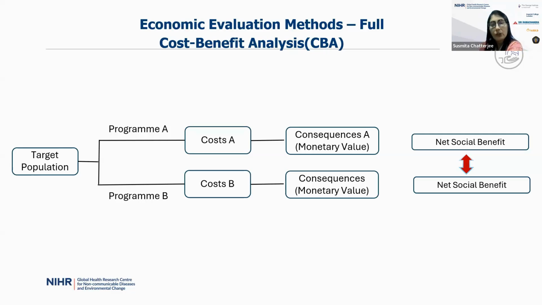Like for 100 rupees cost, I got 200 rupees of benefit. For the competitor, for 100 rupees of cost, I got 50 rupees of benefit. So as I got 50 more rupees of benefit in case of my program A, this is preferred. That's how cost benefit analysis is explained.